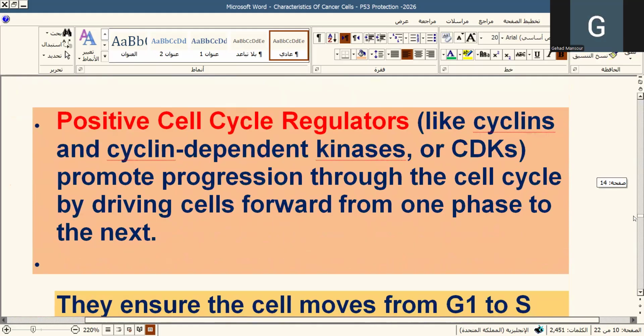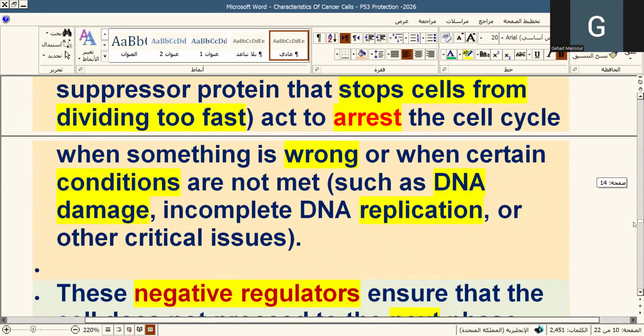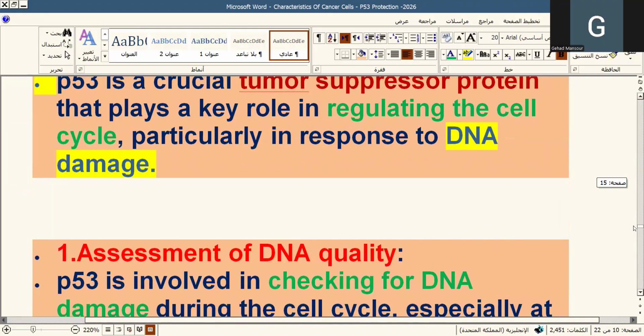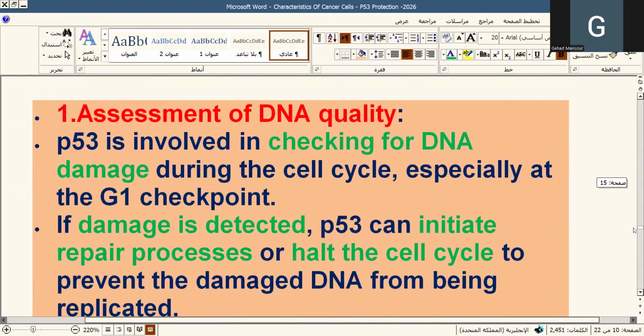That's why a mutated P53 is a very serious condition for the cell, because it allows the cancer cells to continue. So, assessment of DNA quality, this paragraph is what I've just explained on the diagram.